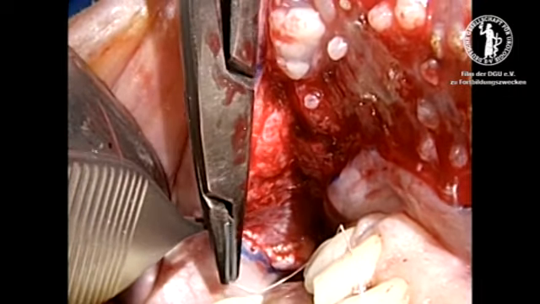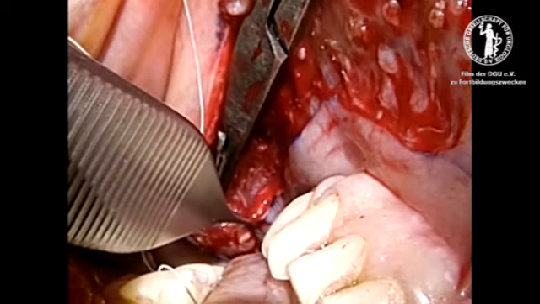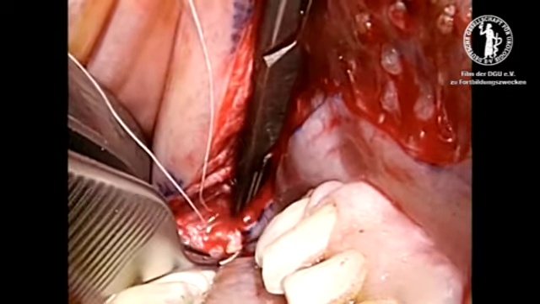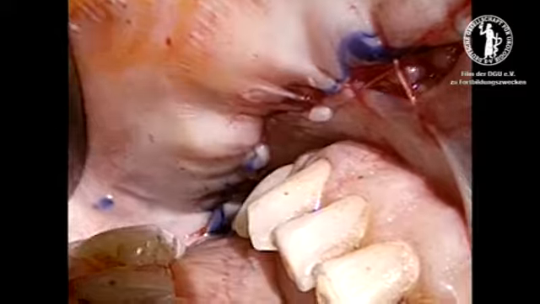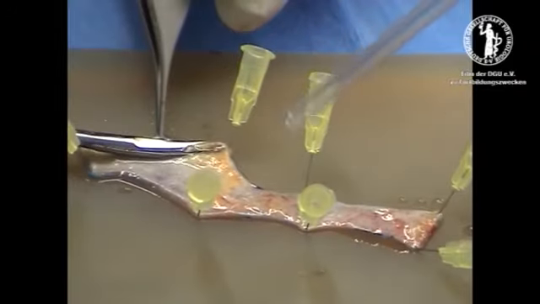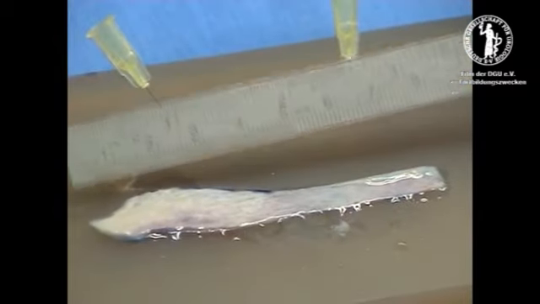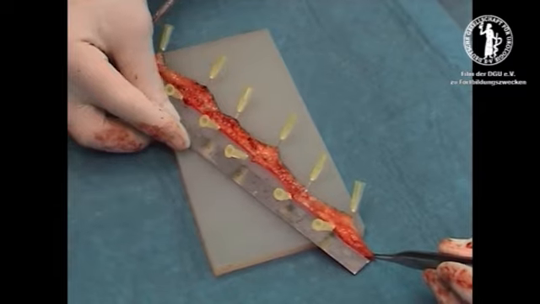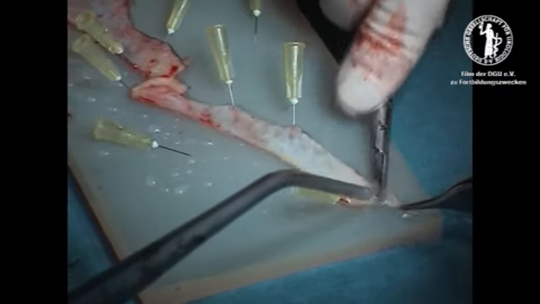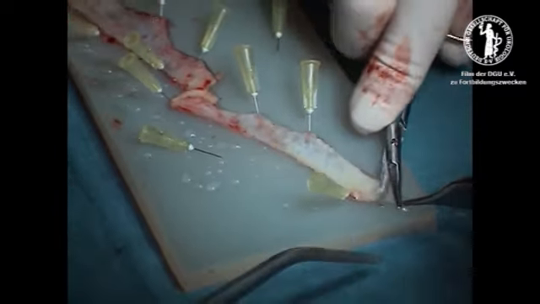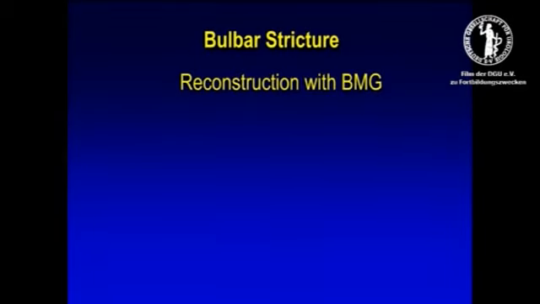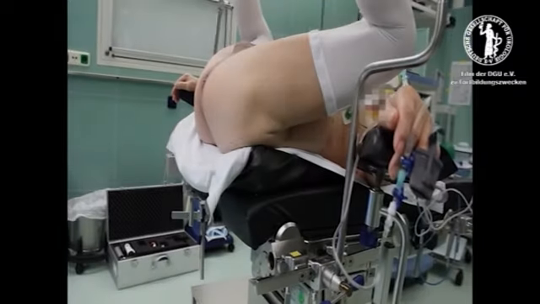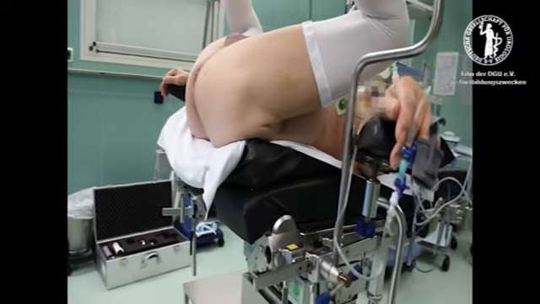The defect is closed by 5-0 Vicryl rapid. The graft is completely defatted. There's always plenty of graft even in case of panurethral strictures. In case of bulbar stricture, the patient is positioned in extended lithotomy position.